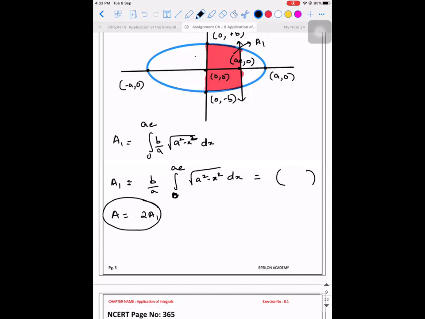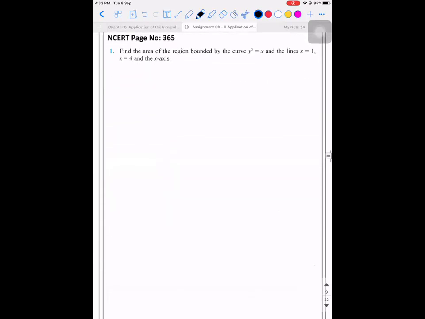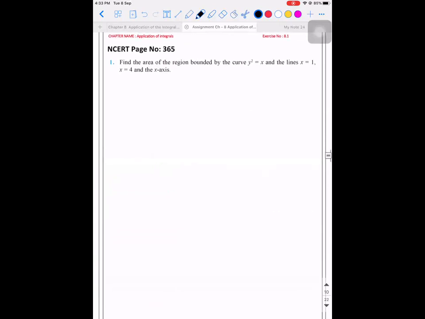Yes, sir. Moving on to the next one. Find the area of the region bounded. I think this is an exercise problem, right?